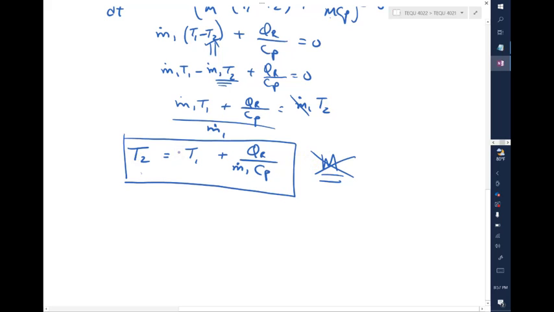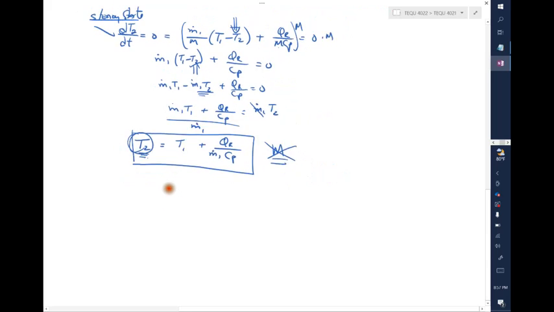If it's too big, it's going to take a lot of time. If it's small, it's going to be faster. That's for the dynamics. But for the final steady state value, if all parameters are the same, they will be equal. It doesn't matter if the mass is big or small. They're going to reach the same temperature.